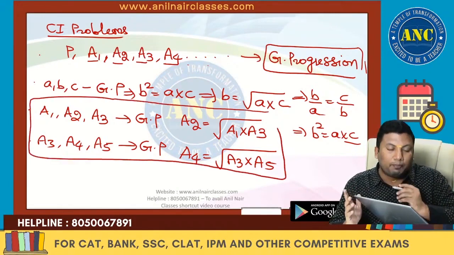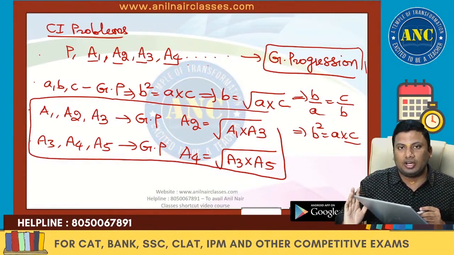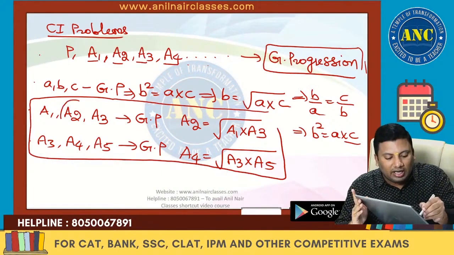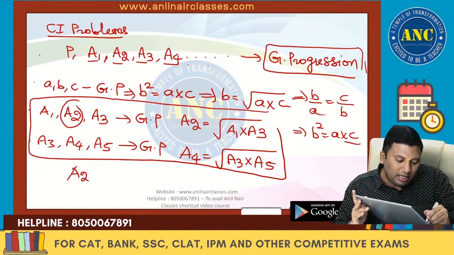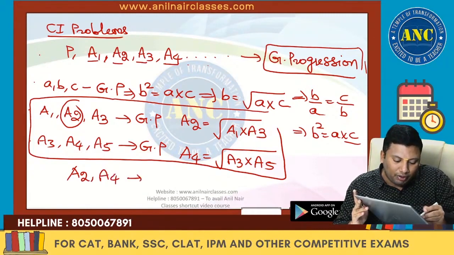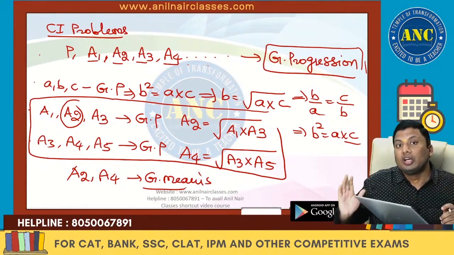If three consecutive amounts are given in the question and the middle amount is being asked, the middle amount is nothing but the geometric mean of the previous and the next amount. In this case they are called the geometric means.